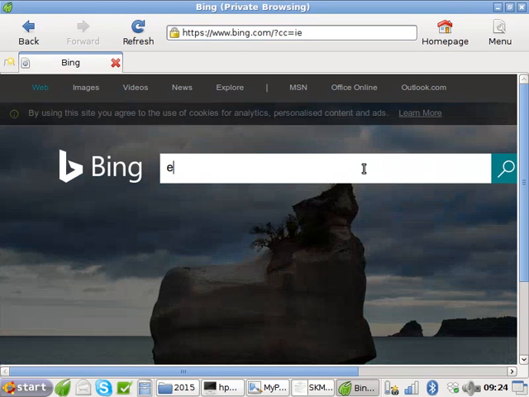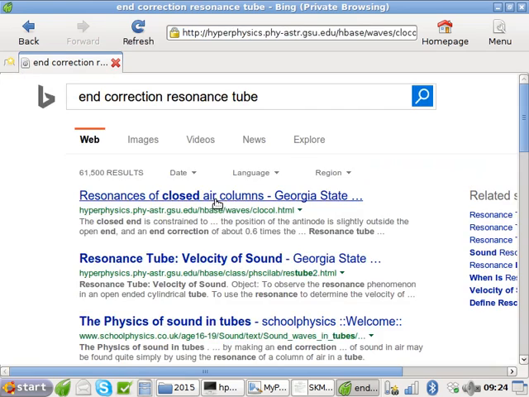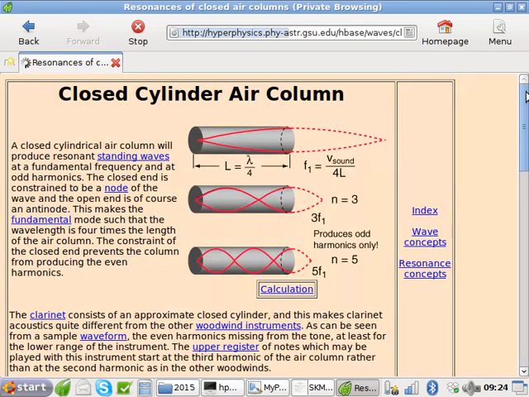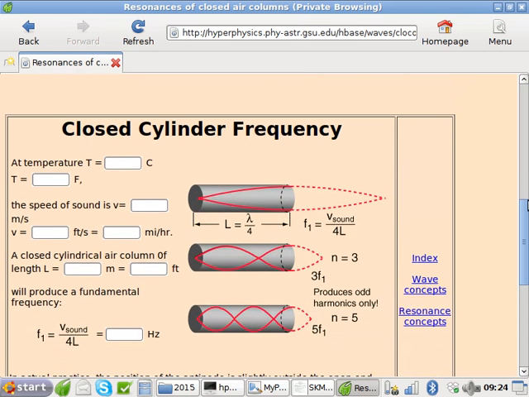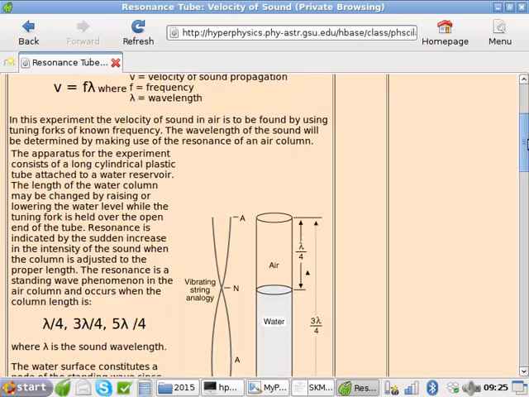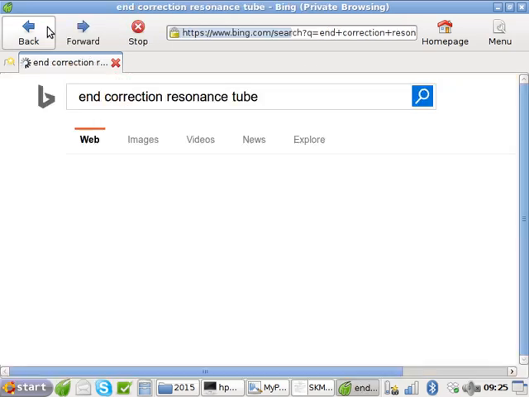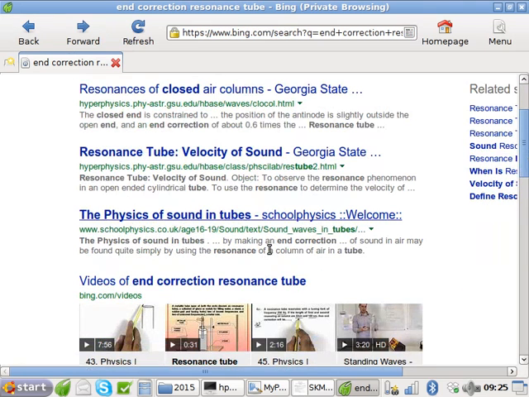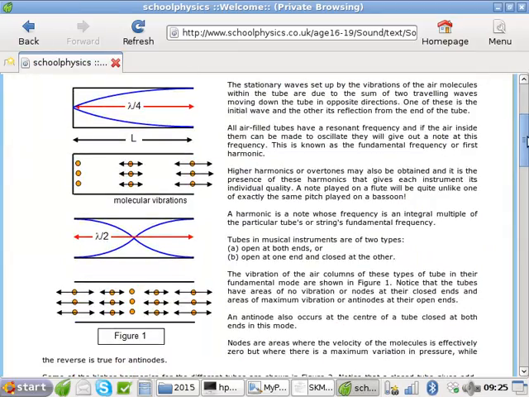We'll just double check: end correction resonance tube. I say error, but the real name is correction.